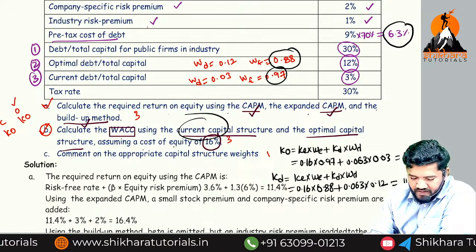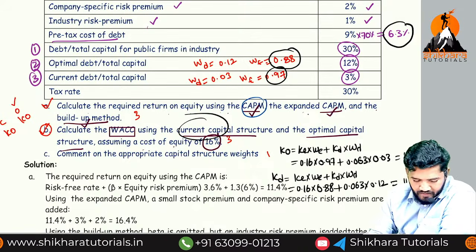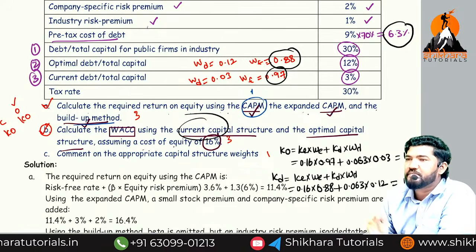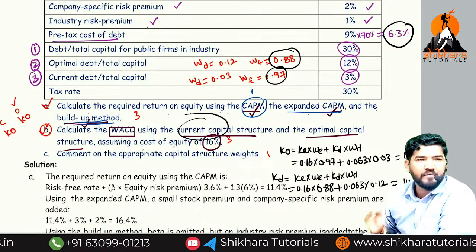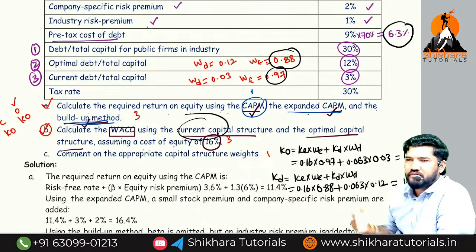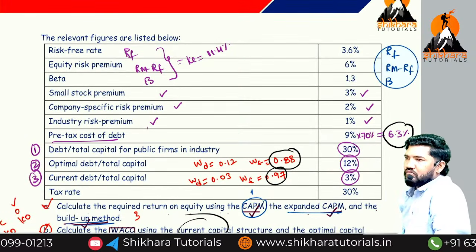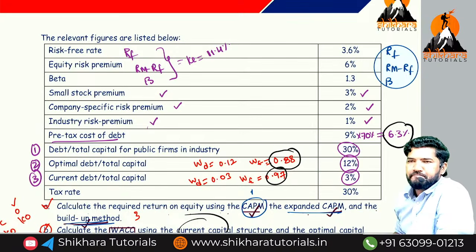Calculate the required return on equity using CAPM, the expanded CAPM and build up. CAPM means basic CAPM. After that, expanded. After that, build up. Now please tell me the basic CAPM. The values are there. Please calculate.